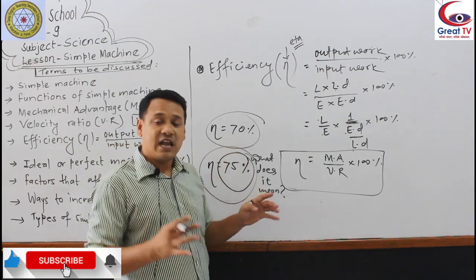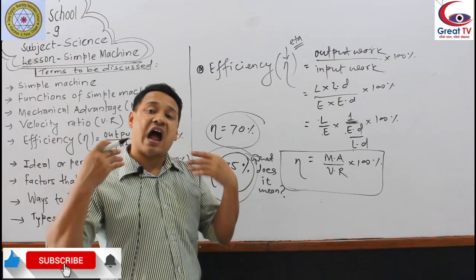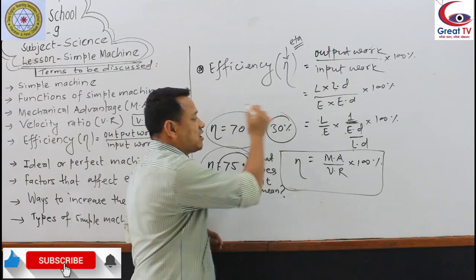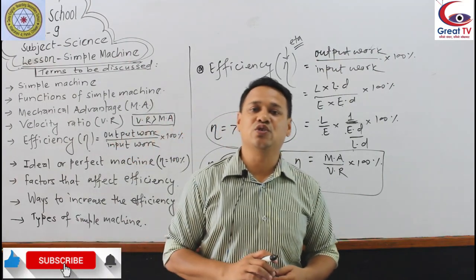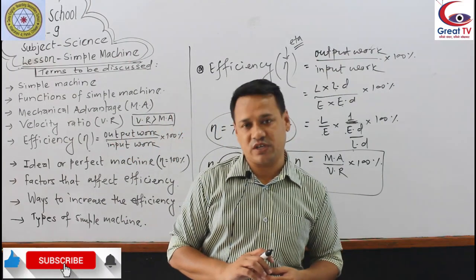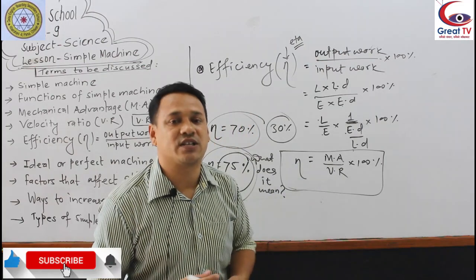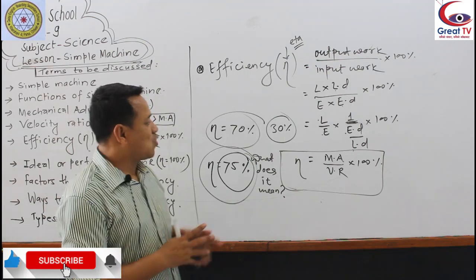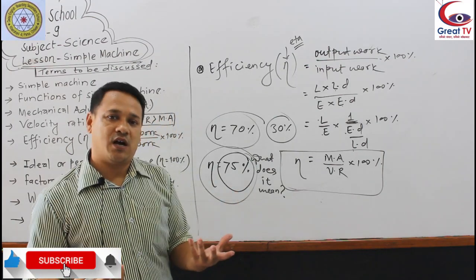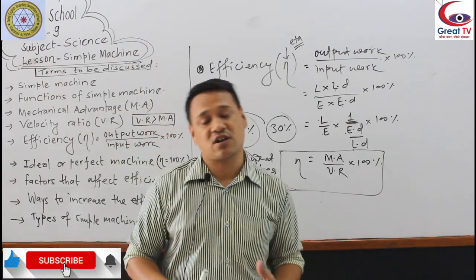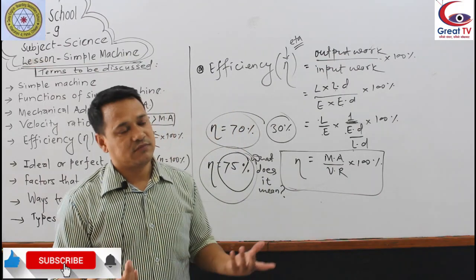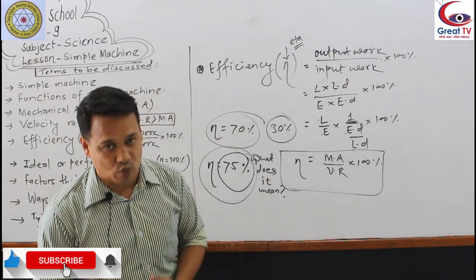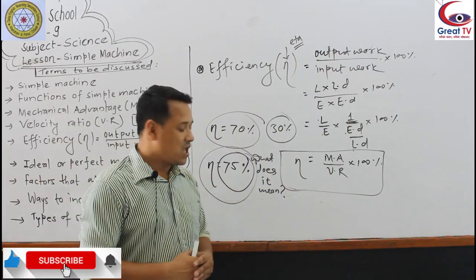The remaining 30%, total 100% you know, is lost due to friction, converted into heat, sound, etc. It converts into heat energy and sound energy, and 70% is used to do useful output work. That's the meaning.